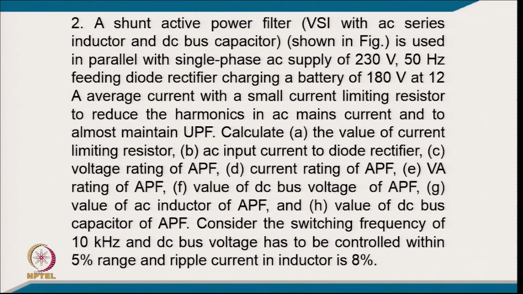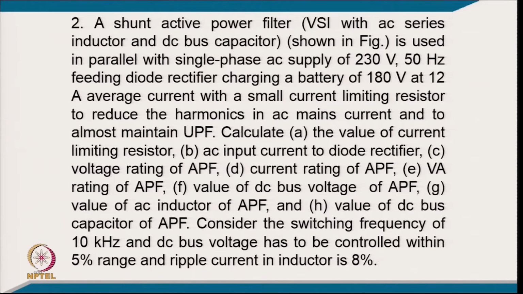Coming to the second numerical problem: the shunt active power filter, a voltage source inverter with an AC series inductor and DC capacitor shown in the figure, is used in parallel with the single phase supply of 230 volt 50 hertz feeding a diode bridge rectifier, charging a battery of 180 volt and 10 ampere average current with a small current limiting resistor, to reduce the harmonics in the AC mains current and to almost maintain unity power factor.